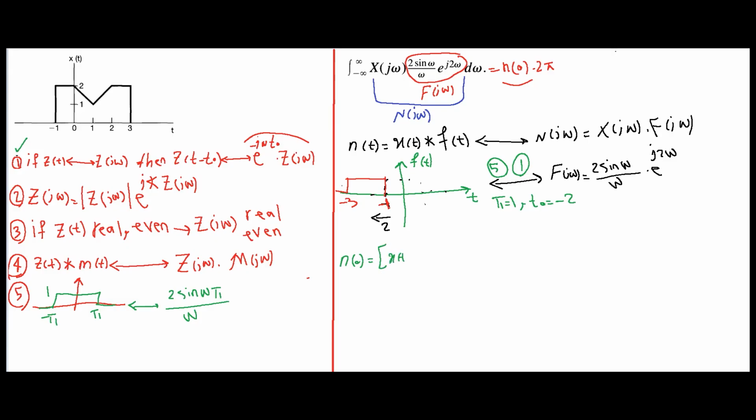Now n at time t equal to 0 will be equal to the convolution of x(t) and f(t) evaluated at time 0.